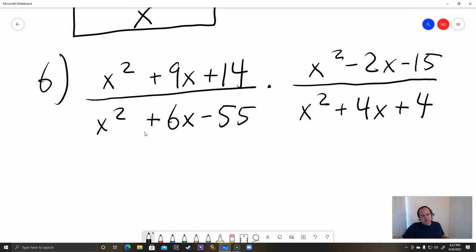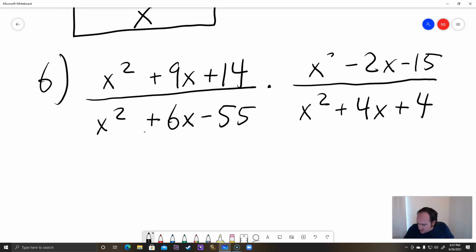So we have x squared plus 9x plus 14 all over x squared plus 6x minus 55 times x squared minus 2x minus 15 all over x squared plus 4x plus 4.